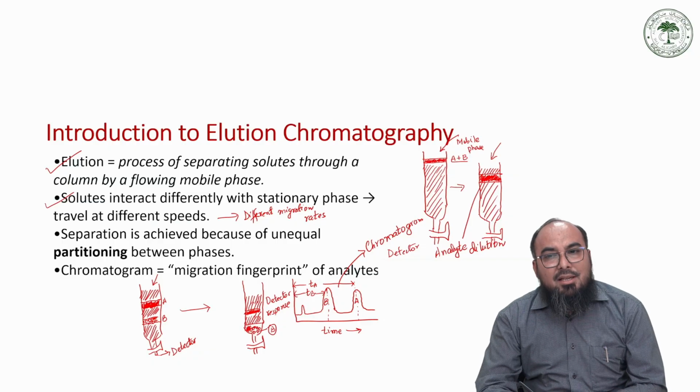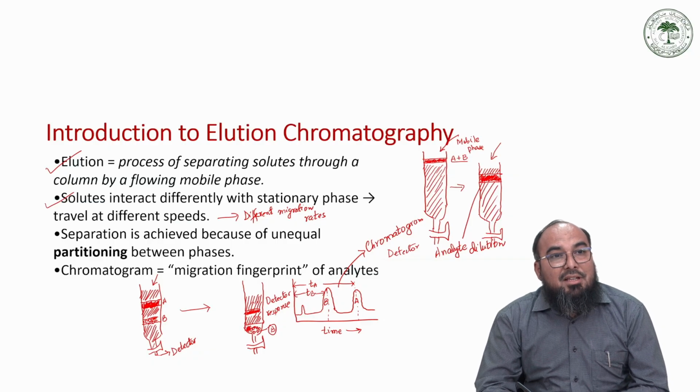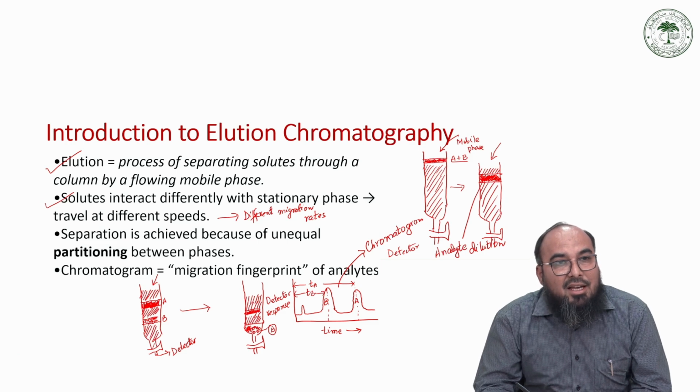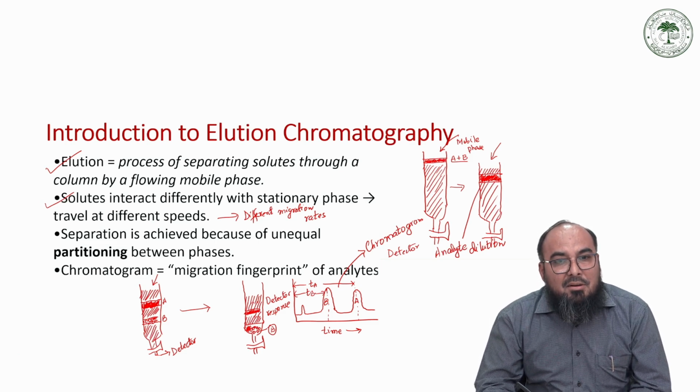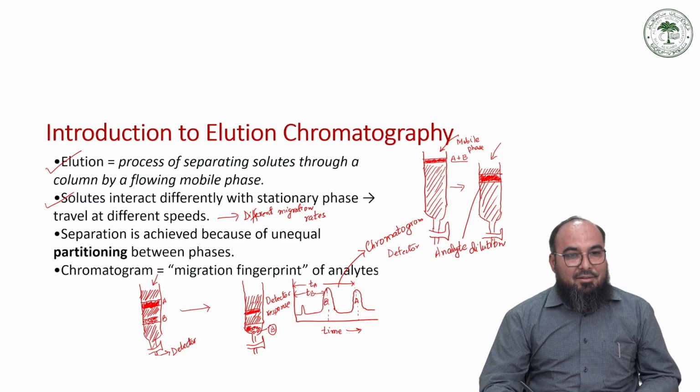So what happens is that your solute gets partitioned between the stationary phase and the mobile phase. And because of the partition, because of the different migration rates, they elute at different times. That is why this chromatography, in simple terms, is called elution chromatography.